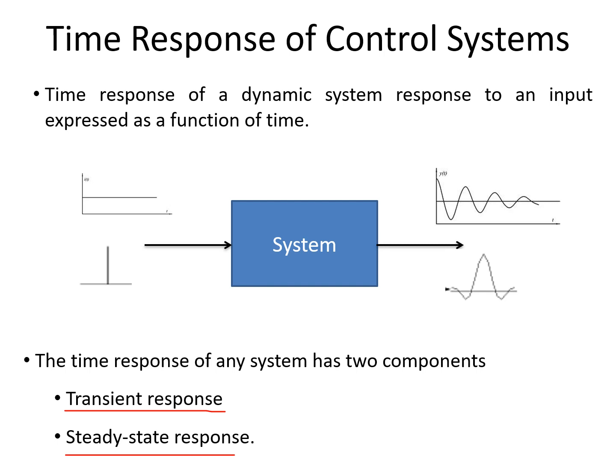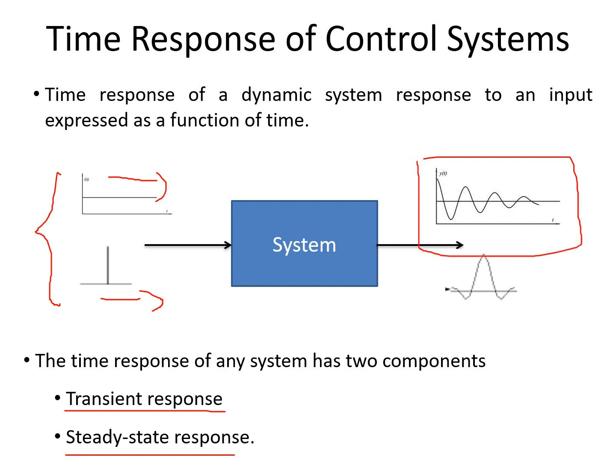Here I have one step signal and an impulse signal. For a step signal, this is the type of response I have got, and for an impulse signal, this is the type of response which we have got. Now we'll see about the steady state response and transient response in the upcoming slides.